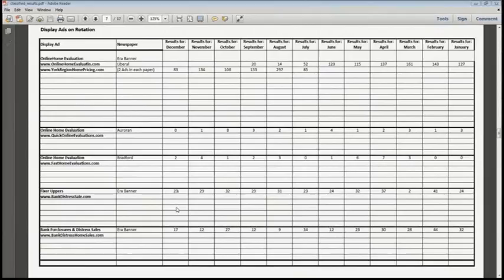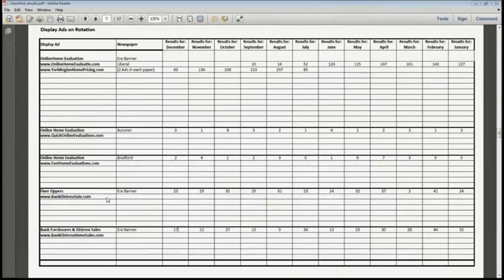In the Era Banner, the online home evaluation ad that was a jackpot, 83 leads in December. Same publication, but a different ad, we only generate 23. Still a pretty good response, but only 23. Look at this one here, bank foreclosures and distress sales, only 17.